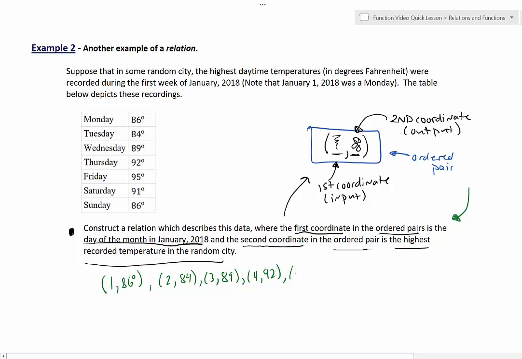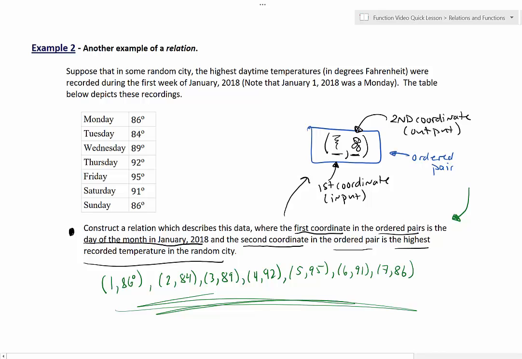The fifth day, Friday. What? I drew that wrong. See that? That's wrong. Should be the fifth day of the week was 95 degrees. Saturday is the sixth day of the week, 91 degrees. And the last day of the week, Sunday, 86 degrees. So we just listed out the ordered pairs right here.